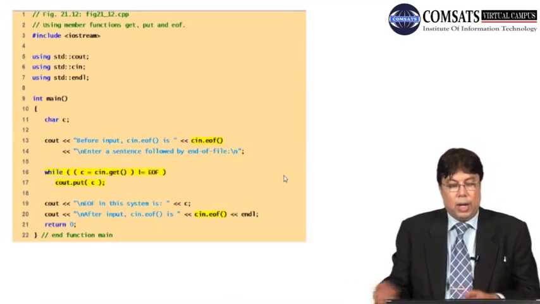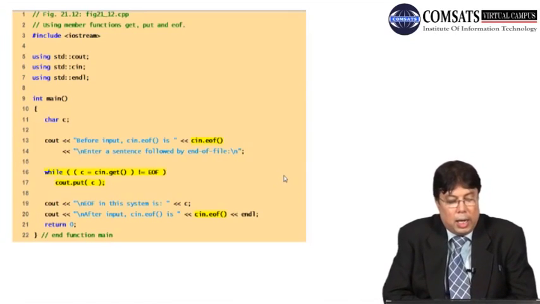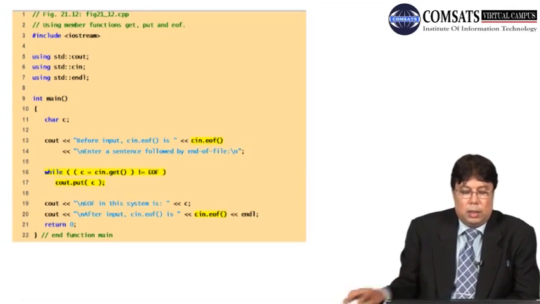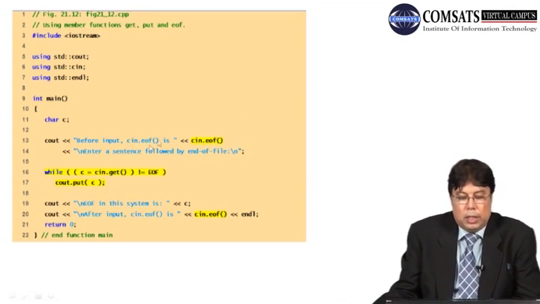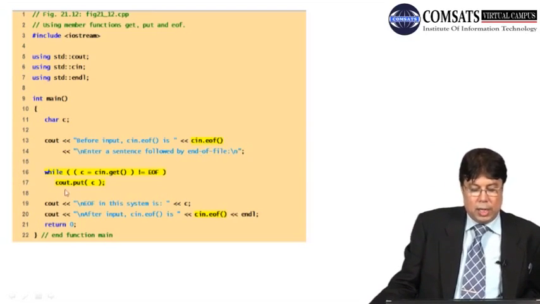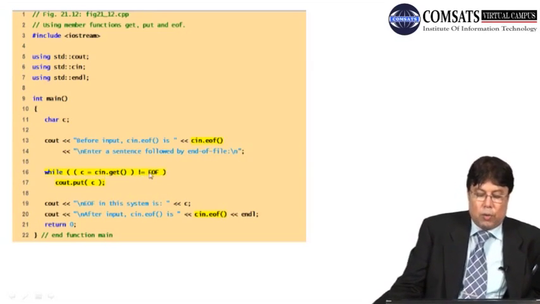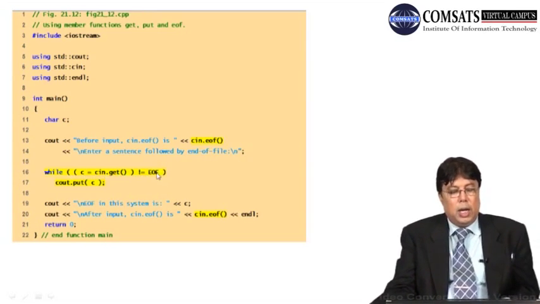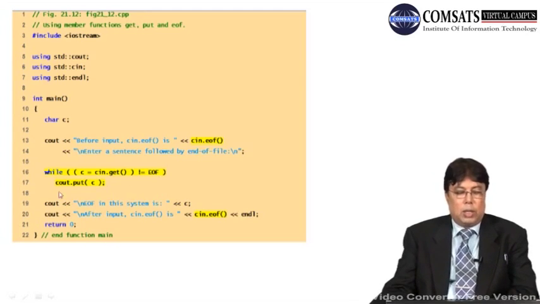So this is a very good example, and here you can just keep on typing. The test before input is cin.eof. This is basically the display that says, enter a sentence followed by the end-of-file indicator. So you will just keep on reading the data, and you say that if c is equal to cin.get is not equal to end of file, whatever character you read, it will type onto the screen.